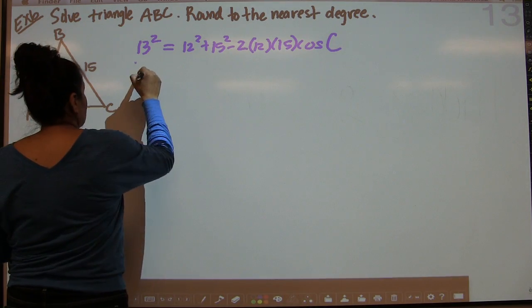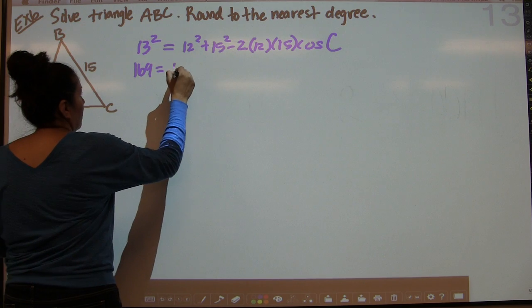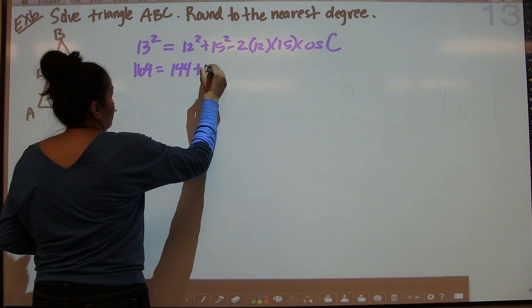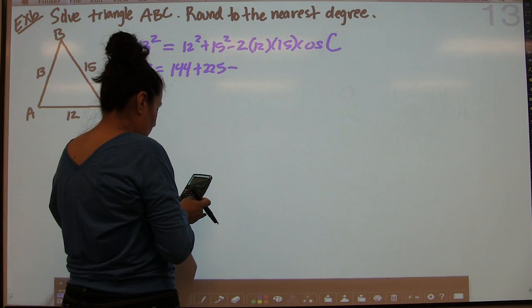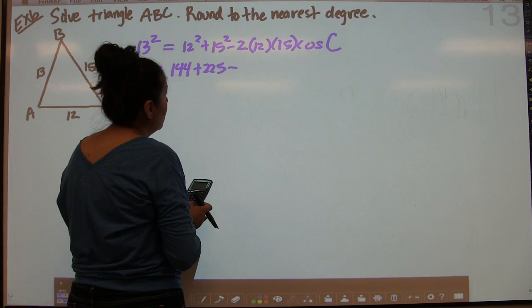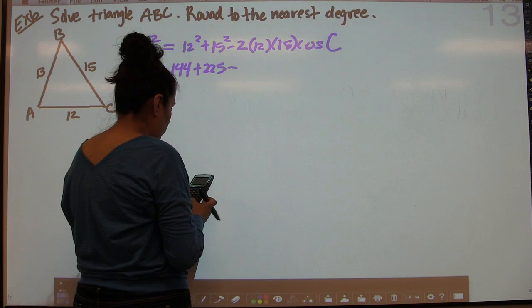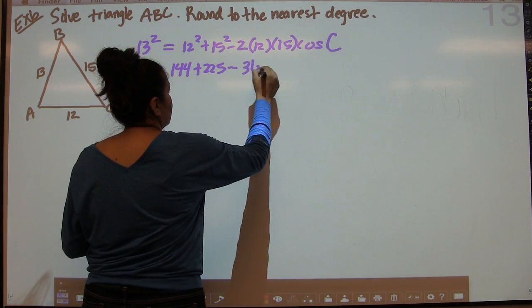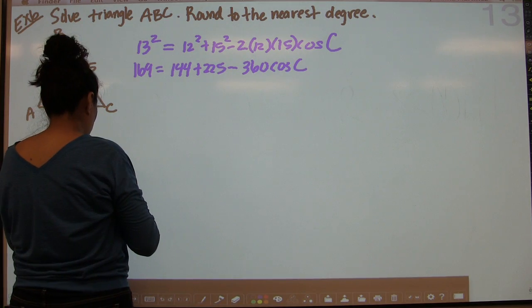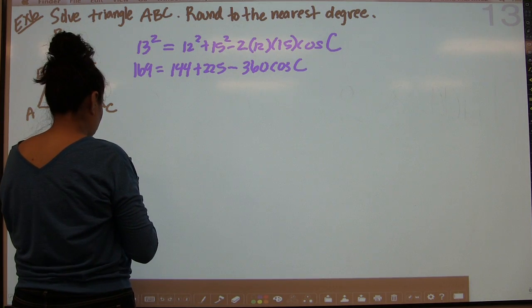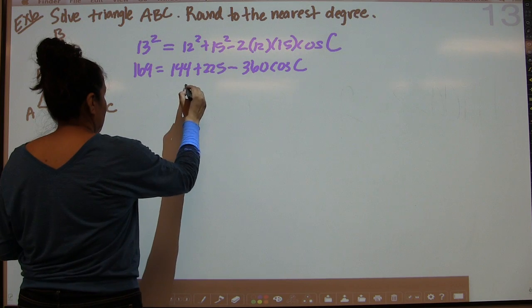So 13 squared is 169, 12 squared is 144, 15 squared is 225, 2 times 12 is 24, times 15 is going to give us 360 cosine C. So 144 plus 225 is going to give us 369.